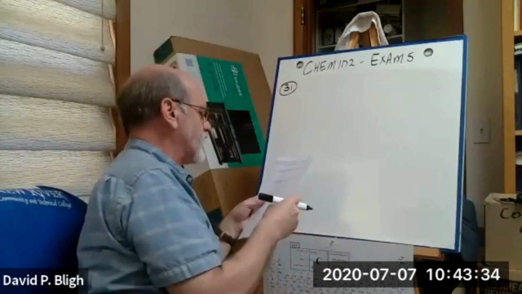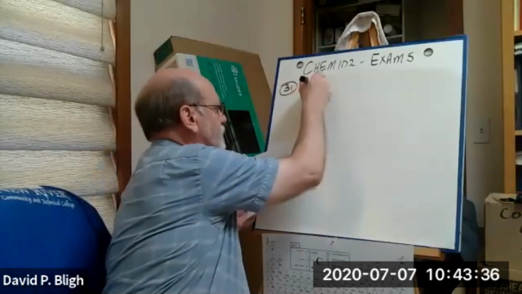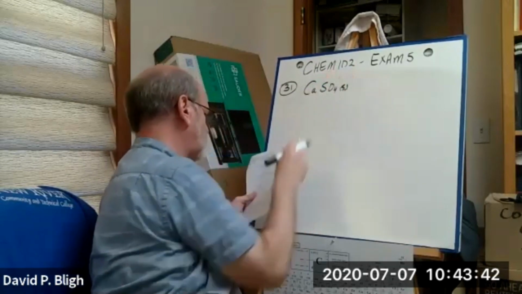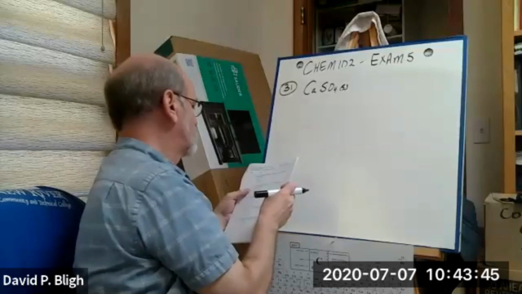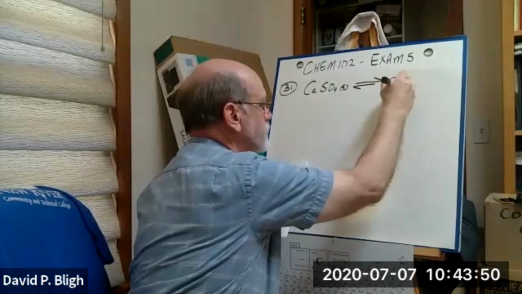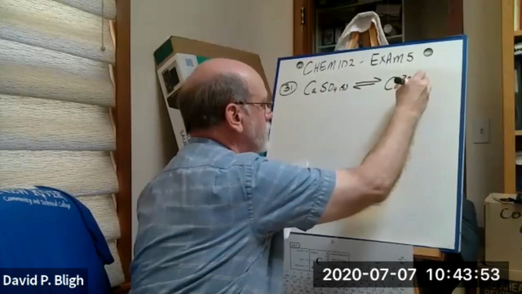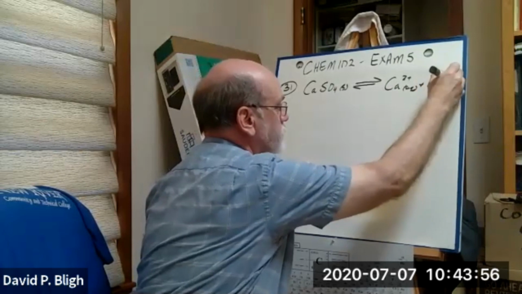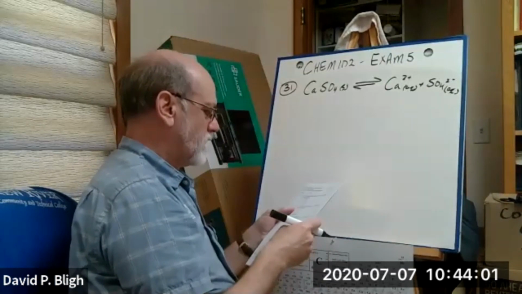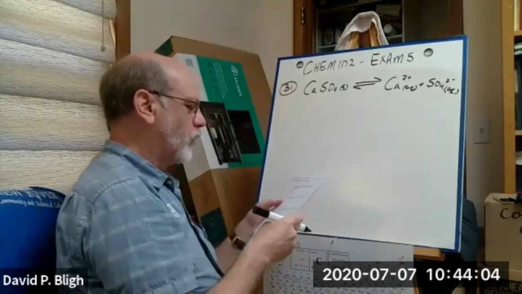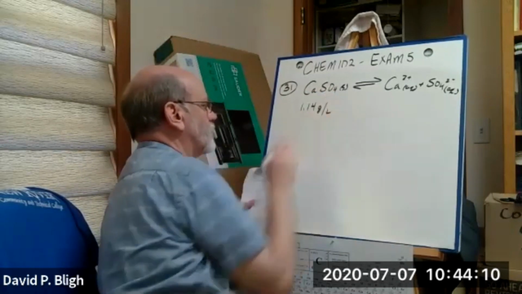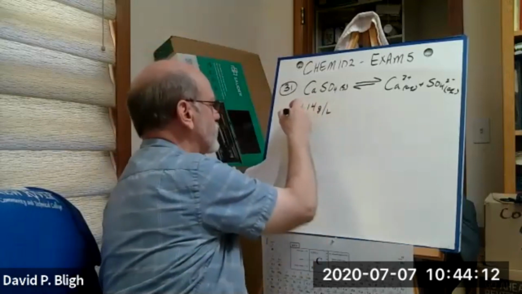Okay, the solubility of calcium sulfate. Calcium sulfate in pure water produces calcium and sulfate ions. 1.14 grams per liter at 0 degrees.